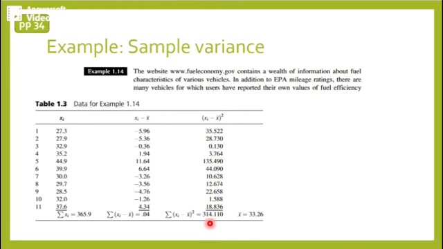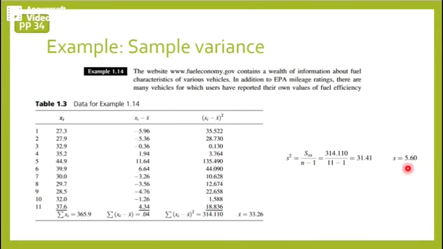And then to calculate the variance, we take the sum of the squared deviations and divide that by n minus 1, n being the sample size. And this is the variance that we obtain.